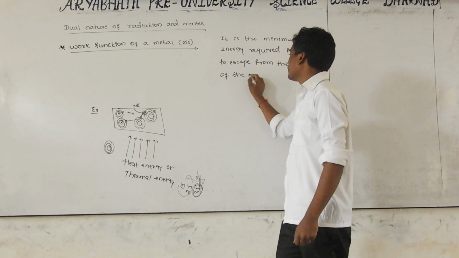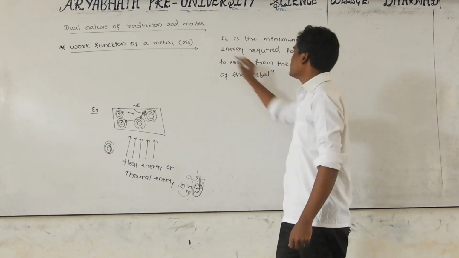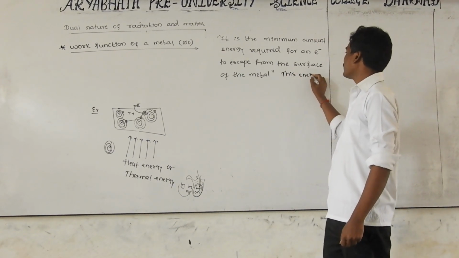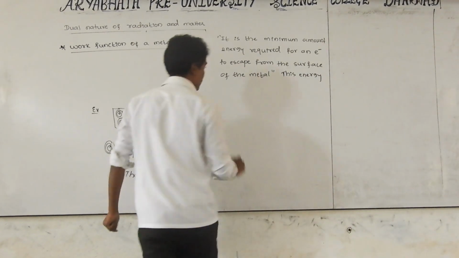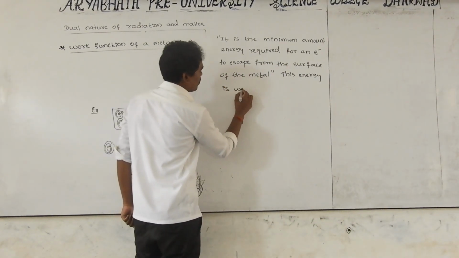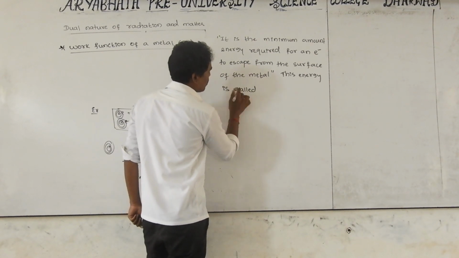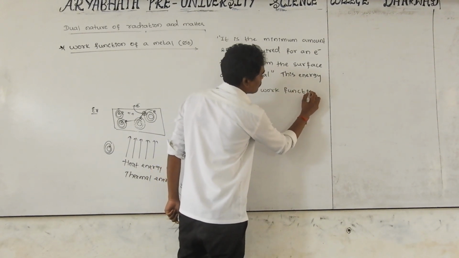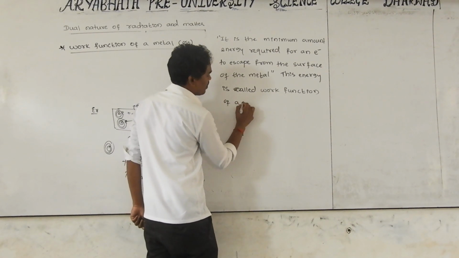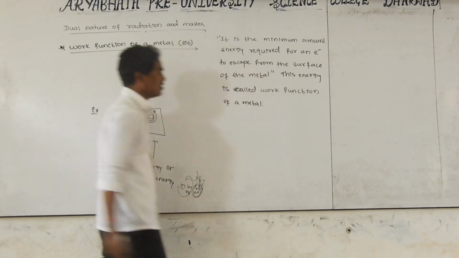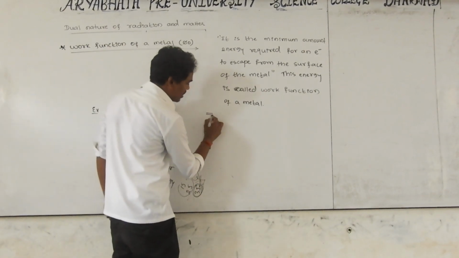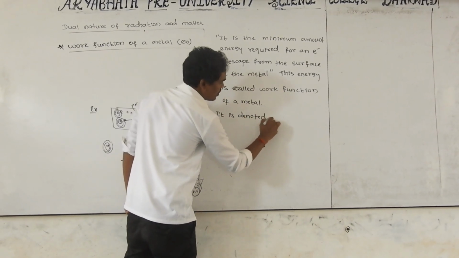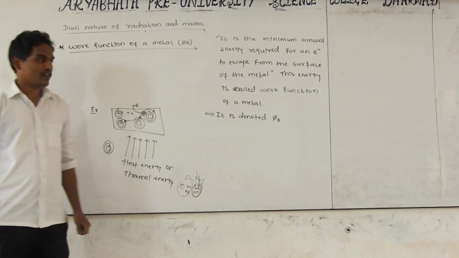This energy is called the work function of a metal, and it is denoted by the symbol phi naught.